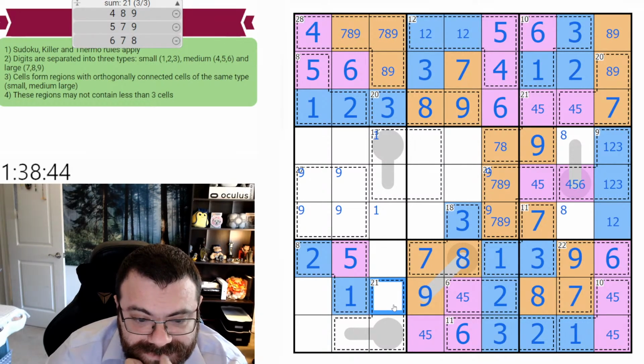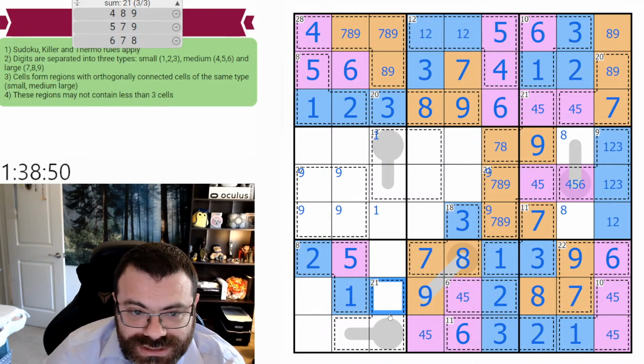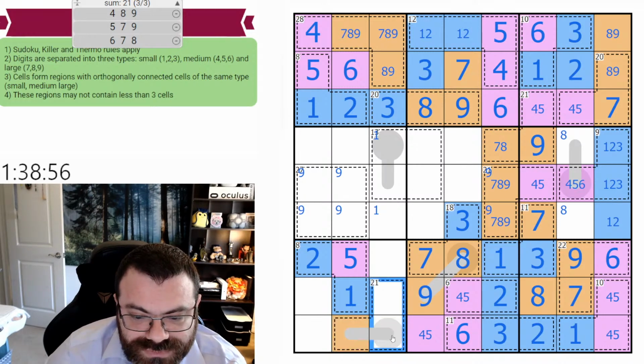21 cage. How about that? The 21 cage can only have one mid in it, but these can't both be high. So the mids are here, and this one is high. The mid is one of these two. It's going to be a 4 or a 6. Can't put a 5 in it.